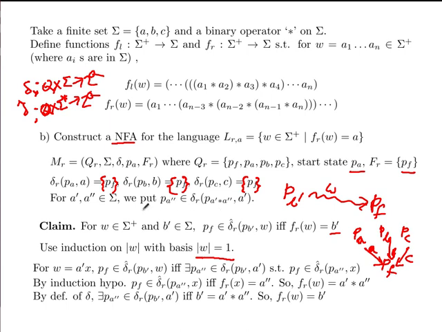This is important. You take any two symbols in your input alphabet, and then you put a transition like this. From P A prime star A double prime, on input symbol A prime, you are going to P A double prime. We are putting this here. You remember, this is a set, so there can be many transitions.